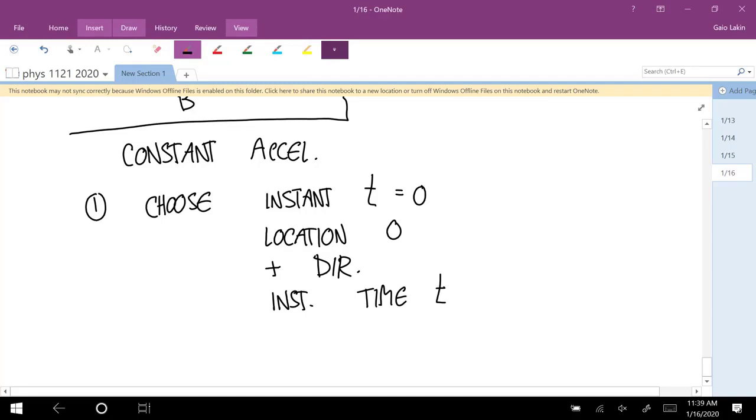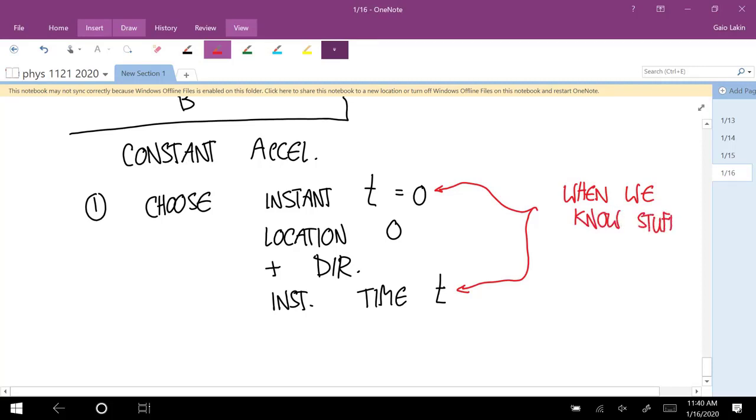Okay, where we want to calculate stuff. And these two times, we want to choose these based on when we know stuff and/or when we want stuff.